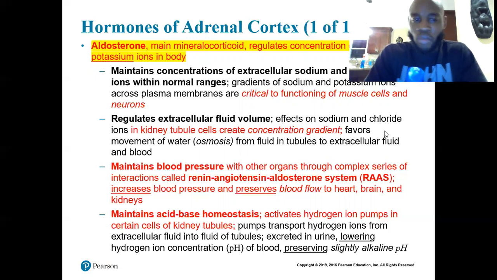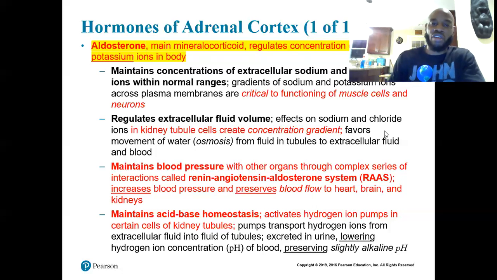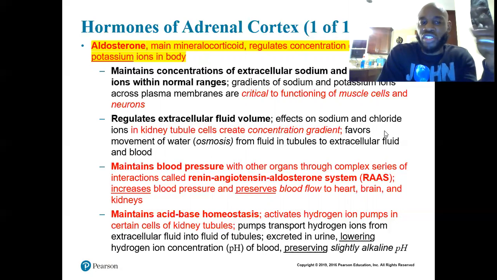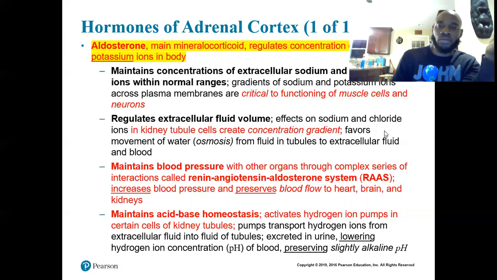So it allows those cells to be stimulated. Right, so that's why it says here in this first book, the functioning of muscle cells and neurons. All right, so you have to have the sodium and potassium balanced in your body so that these muscle cells and neurons can function properly. They can be stimulated. Right, so aldosterone helps maintain concentrations of extracellular sodium and potassium.